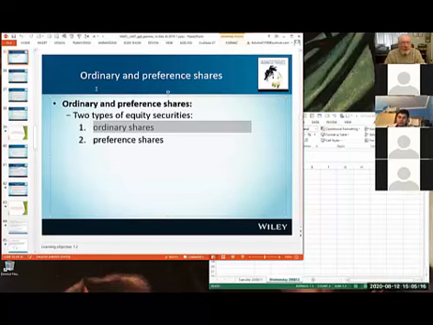If the company goes badly, you wear it as lost profits, lost dividends, lost capital growth. If the company goes really, really well, then you get to enjoy the upside, the strong capital growth, the strong dividends, and so on. So the ordinary shareholders are risky, but they're made up with the participation in the return and the participation in the control of the company.